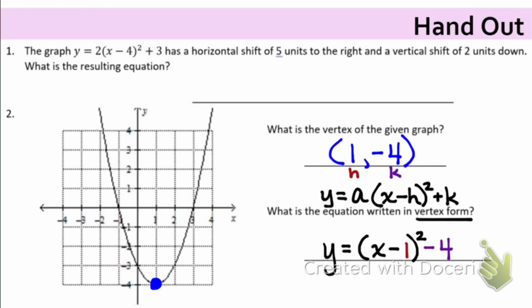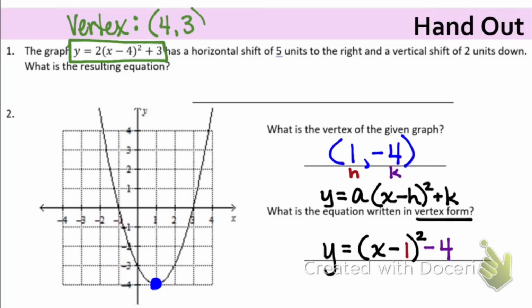With that in mind, I want to now go back and answer question number 1. Looking at this equation right here, can you tell me where the vertex of this is? (4, 3).